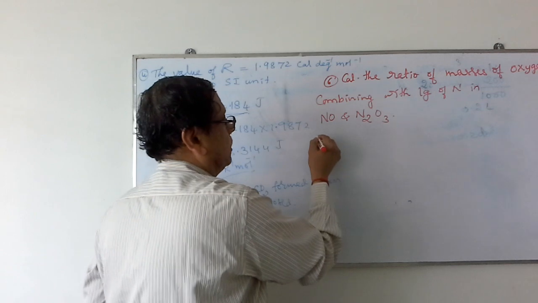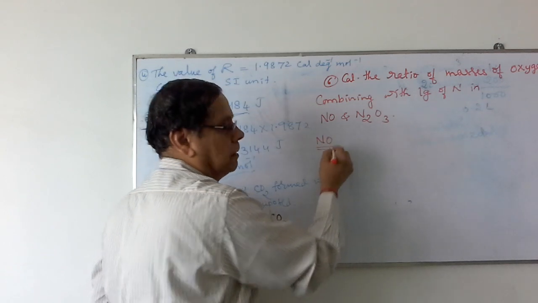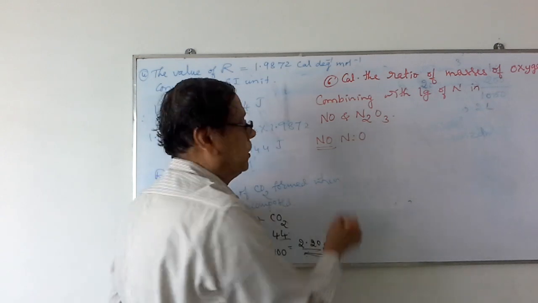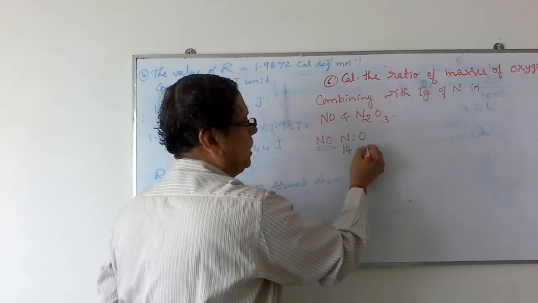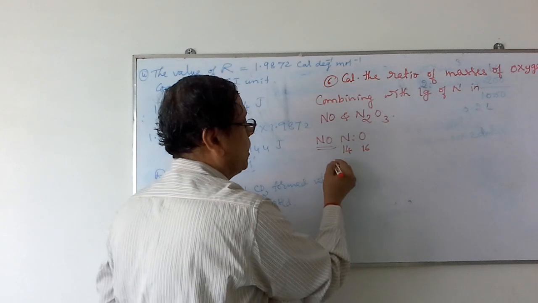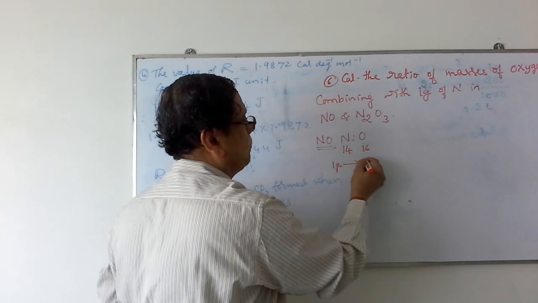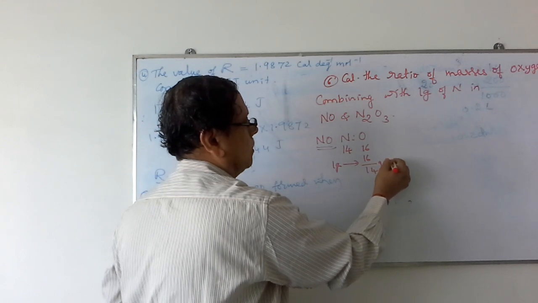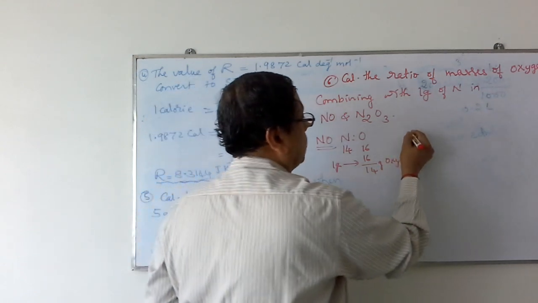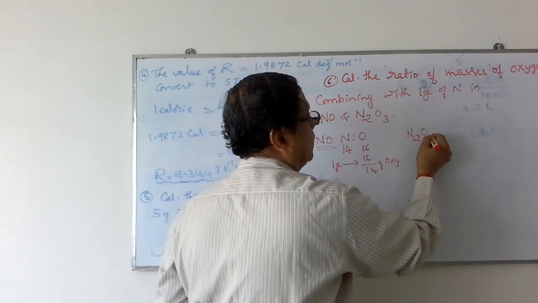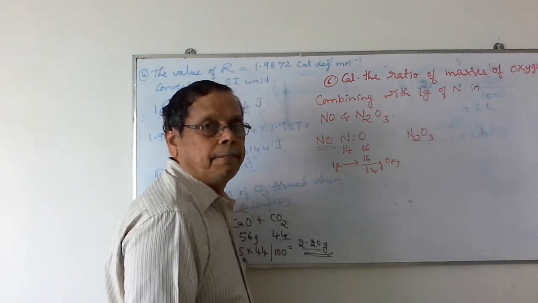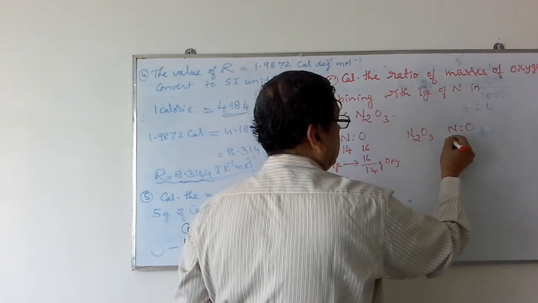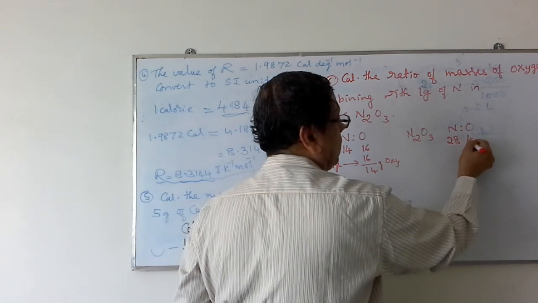We know that in nitric oxide, the ratio of the masses of the nitrogen and oxygen is 14 to 16. Therefore, 1 gram of nitrogen will combine with 16 by 14 grams of oxygen. In N2O3, dinitrogen trioxide, the ratio of the nitrogen to oxygen is 28 to 48.